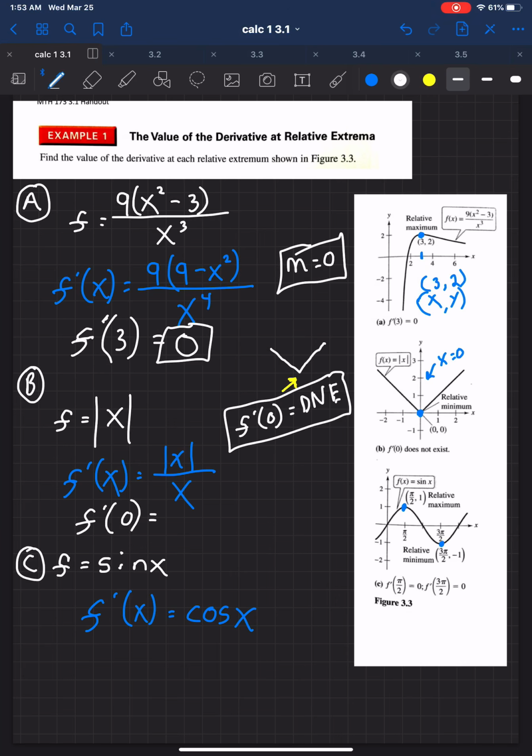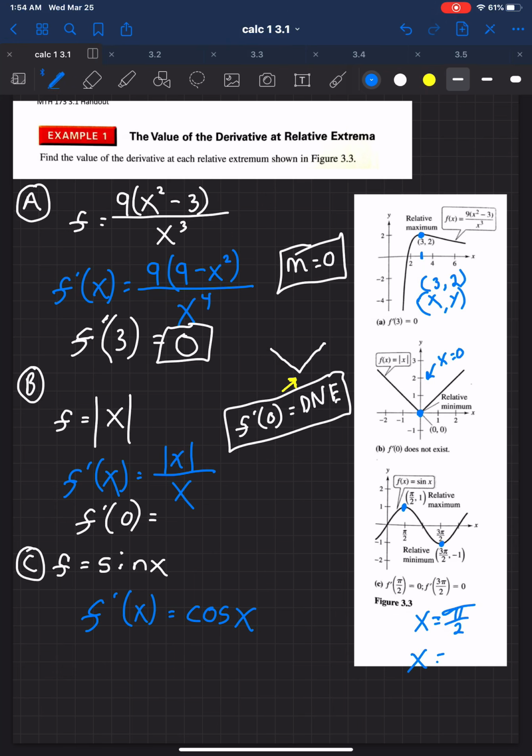So last, let's look at the derivative of cosine of x. Looking at my graph of sine, it looks like when x is pi over 2, you've got a max.